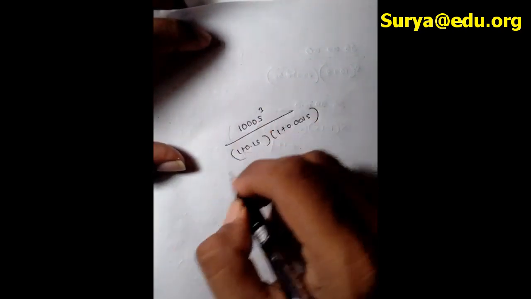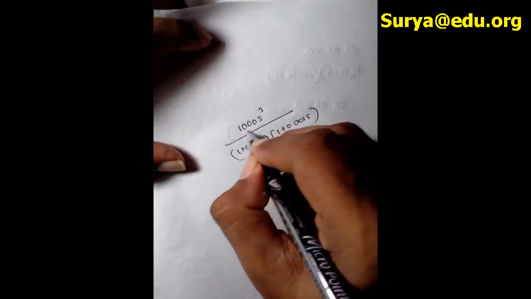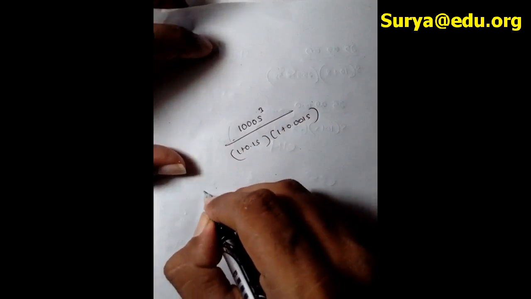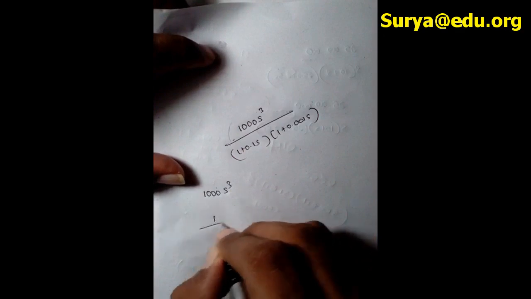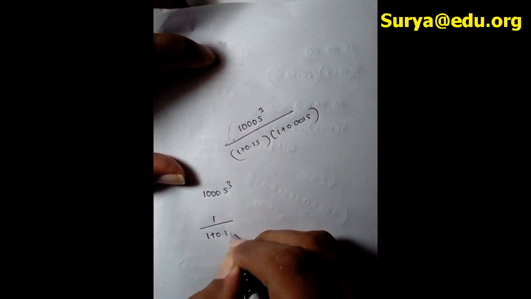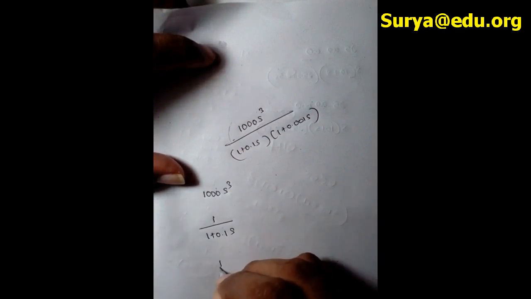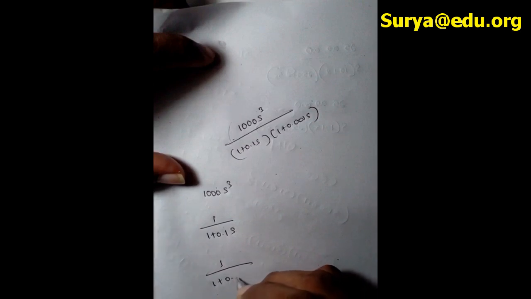Now how are we going to do the categorization? As you have to cover the entire function, you have to take it with the constant, so the first component will be 1000 s cubed, then 1 divided by 1 plus 0.1 s, and then the next one is 1 divided by 1 plus 0.001 s.